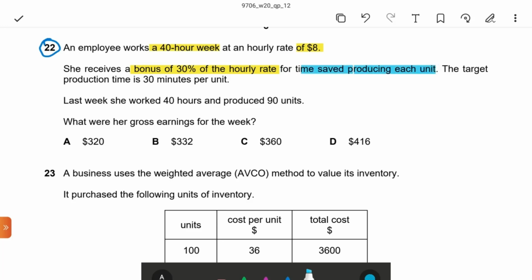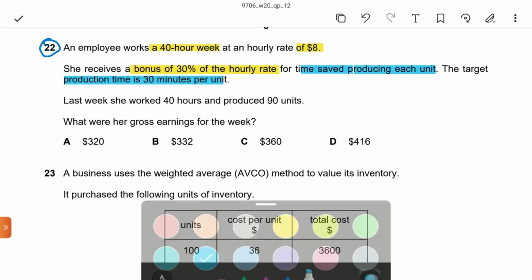If she saves any time on each unit produced, for the extra time she saved, she will get the amount of 30% of the hourly rate. The target production time is 30 minutes per unit. If the employee could produce in less than 30 minutes, she can earn the bonus amount also.